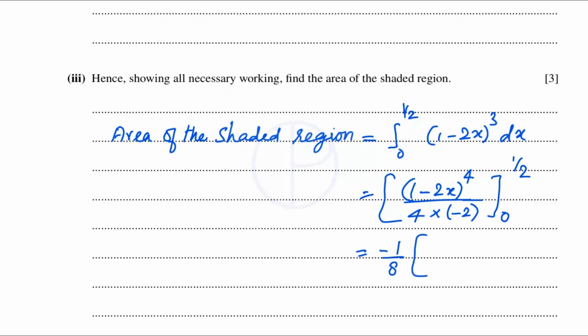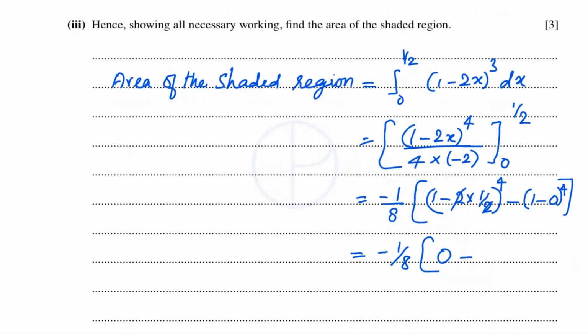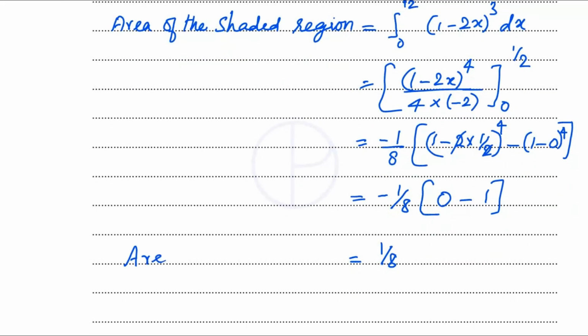Let's take it out: (1 − 2 × 1/2)⁴ minus (1 − 2 × 0)⁴. Negative 1/8 times (1 − 1 is 0) minus 1, which is nothing but negative 1/8 times negative 1, which is positive 1/8. So the area of the shaded region is 1/8.